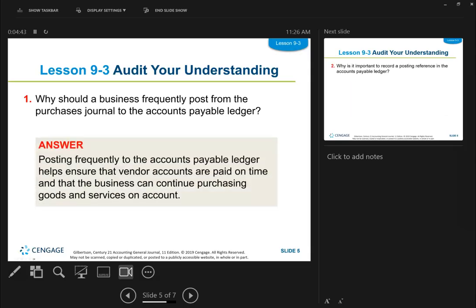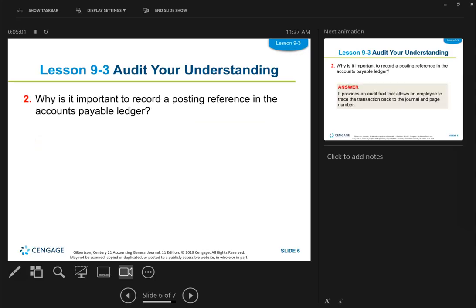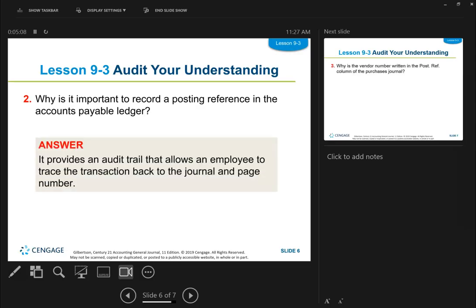So we want to frequently make sure we're posting from our purchase journal to our accounts payable ledger to ensure that these vendor accounts are paid on time and that we maintain an ongoing relationship with that vendor and continue to buy things through them. Why is it important to record a posting reference in the accounts payable ledger?